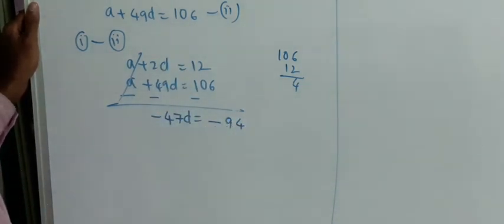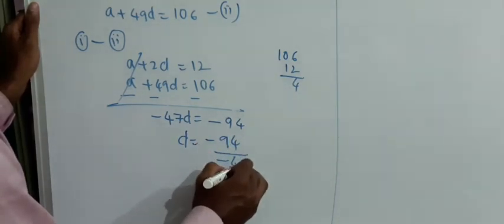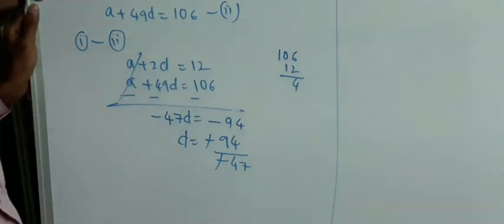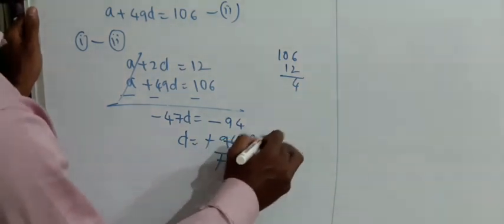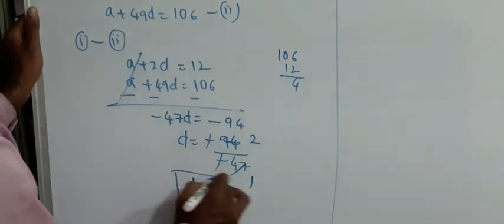This is minus 94. So D is equal to minus 94 divided by minus 47. This minus will get cancelled. 47 1s are 47, 47 2s are 94. D is equal to 2.